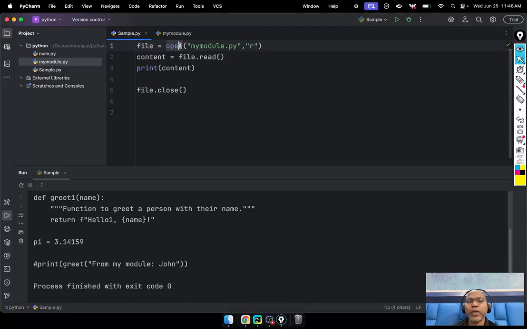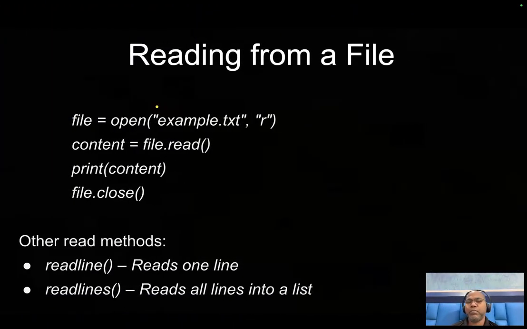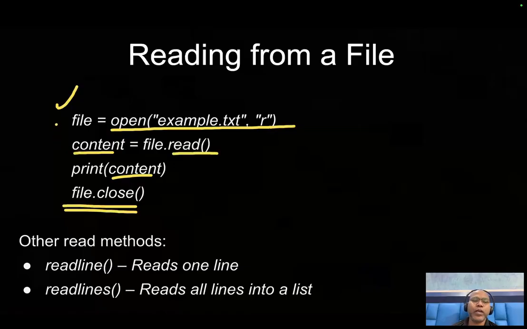Whichever file you open, do your work, and after that you have to close it. Okay, so this is the way you can read the file. Simple: first open the file, and this file object has a method read. You are reading, you get the content, and after that just print the content, or write it anywhere, and after that you must close the file which you opened.